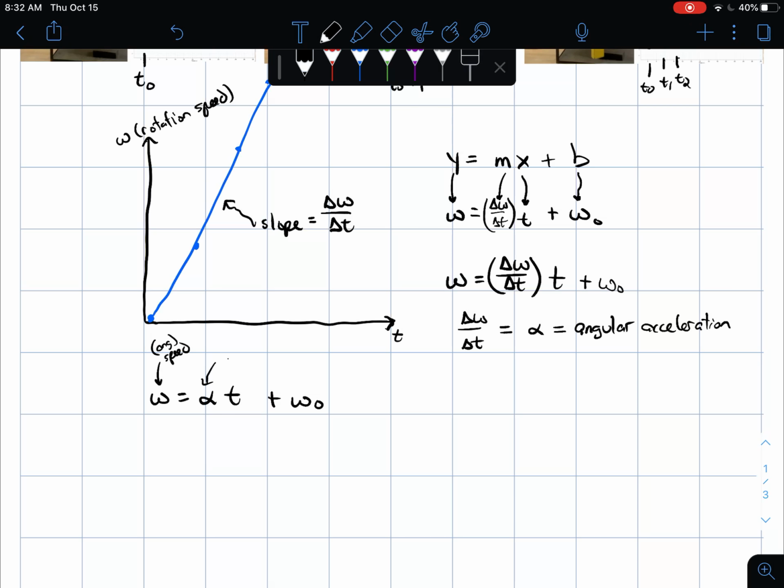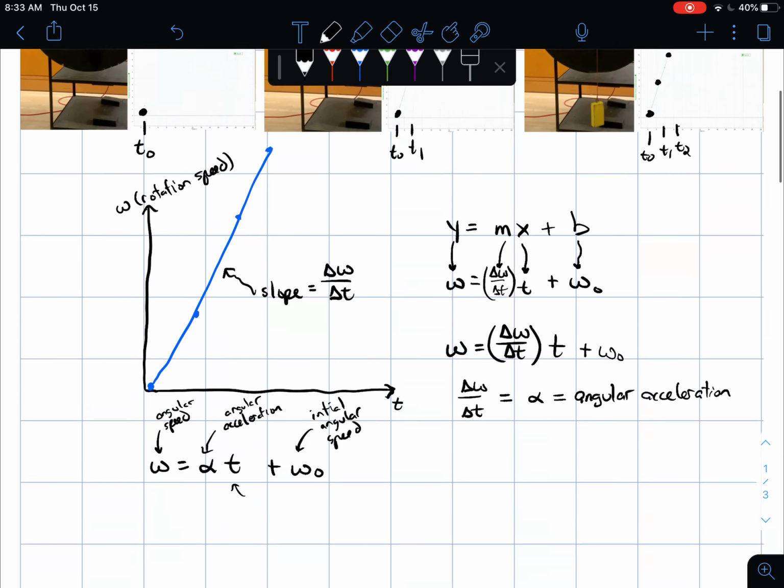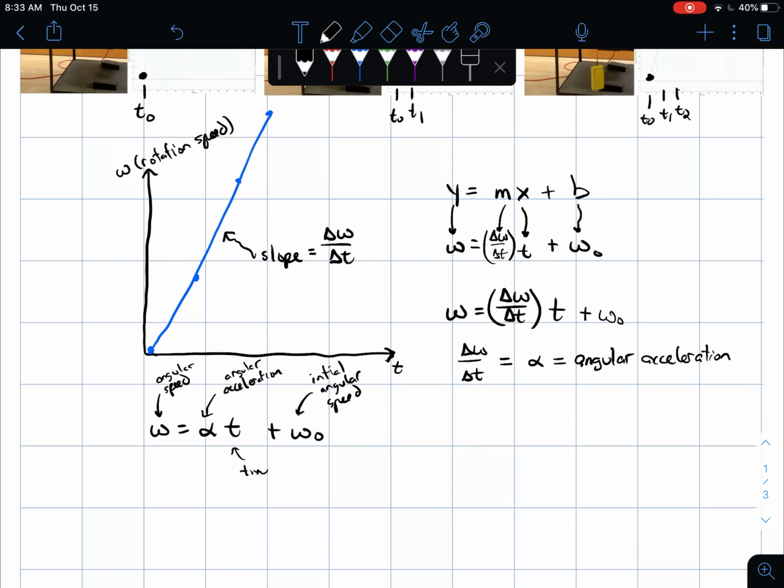This is the angular acceleration. And this is the initial angular speed. And again, this is the time.